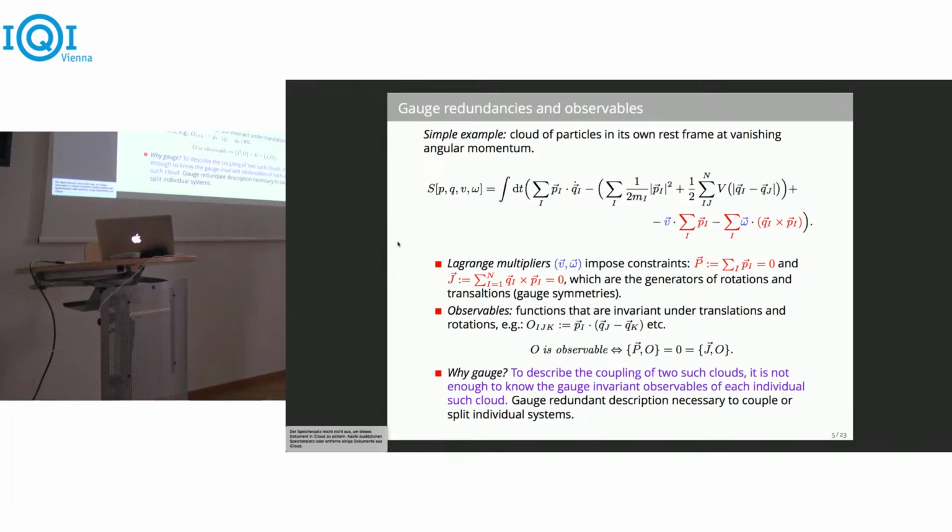Observables are then all functions on phase space that are invariant under translations and rotations. In other words, O is an observable if it Poisson commutes with the generators of the symmetries, the gauge symmetries.